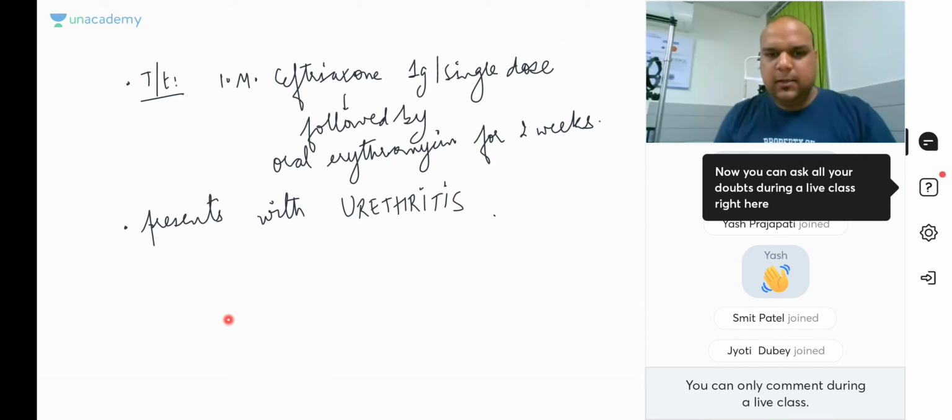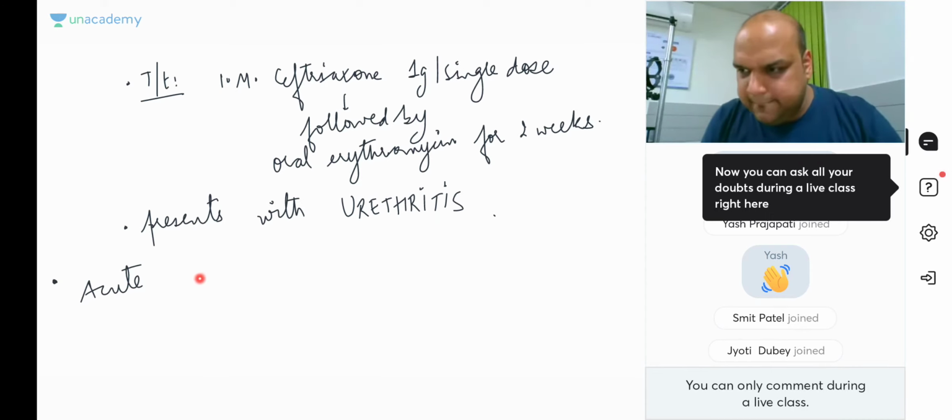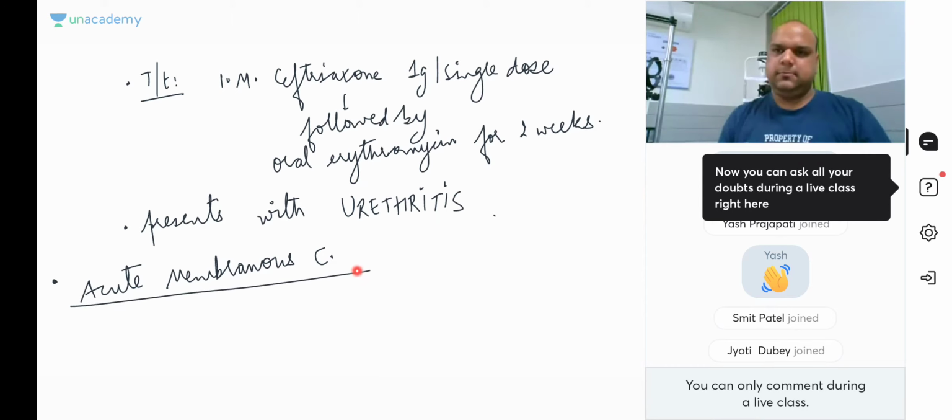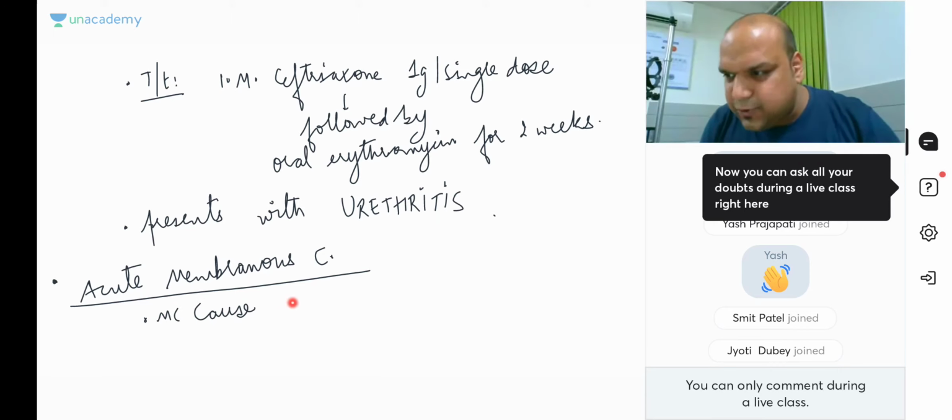Now, moving on. Then the next condition is acute membranous conjunctivitis. Membrane is forming. Again, they ask you the question of most common cause, which is actually different in children and in adults.